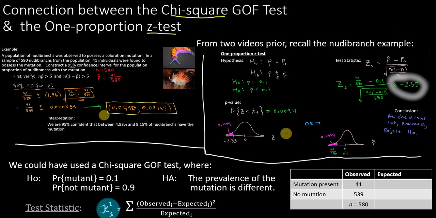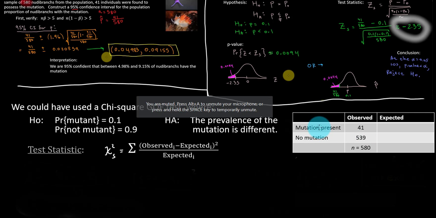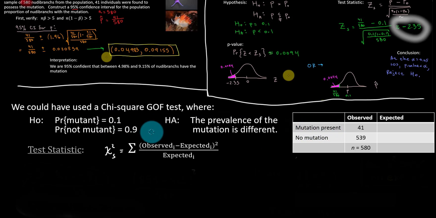To get geared up for the test statistic, recall that we need to determine the expected values for the number of individuals with the mutant present under the assumption stated in the null hypothesis.